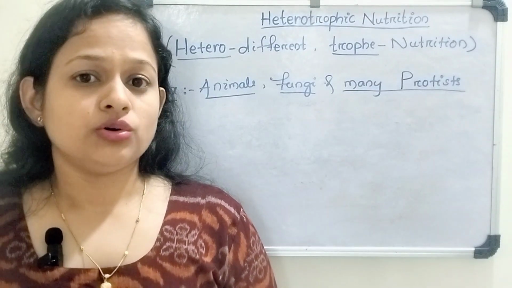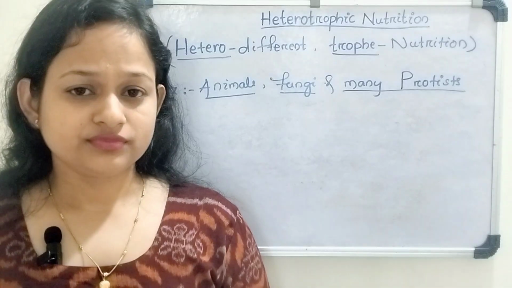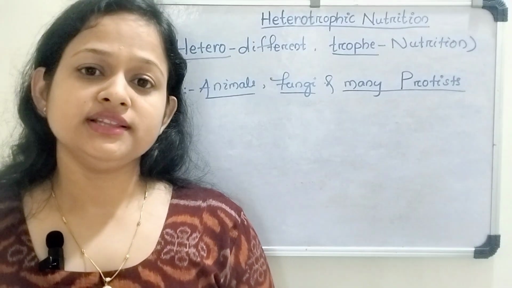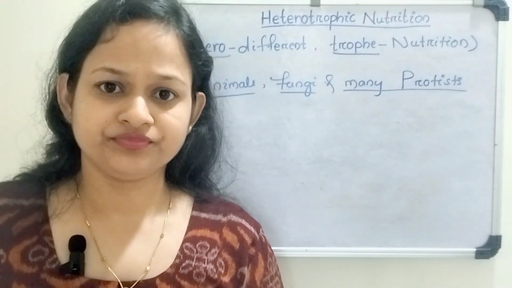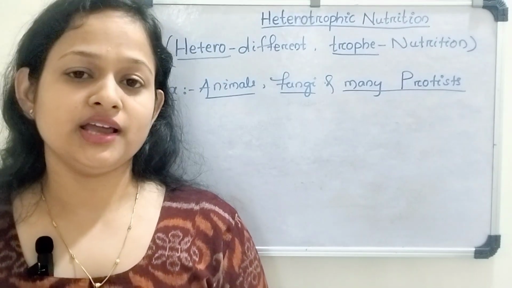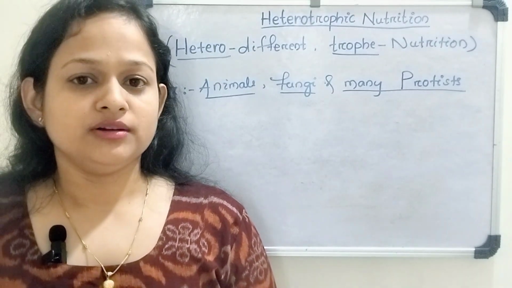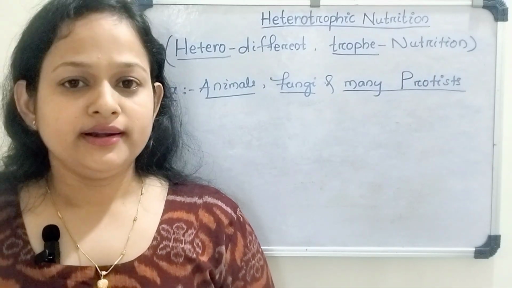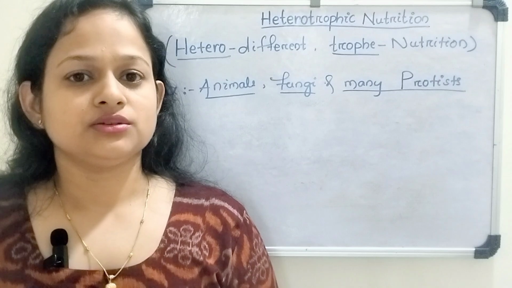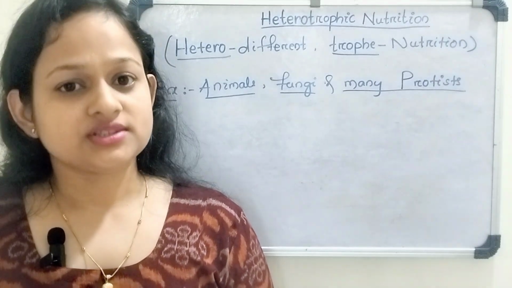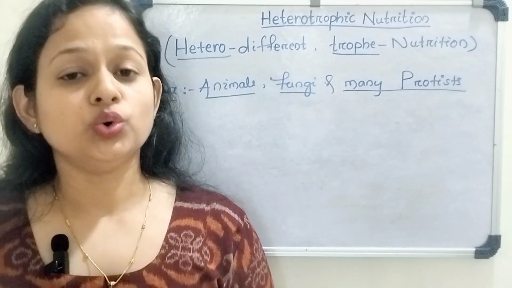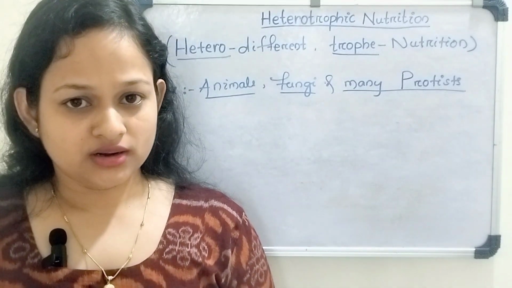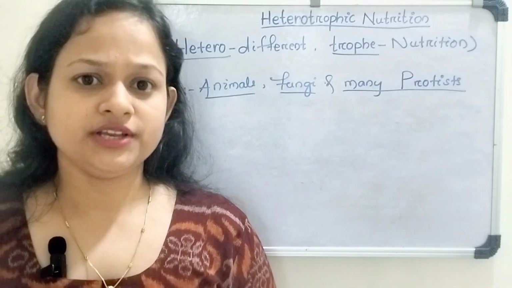Some organisms obtain their food by digesting it outside the body, and then they take it into their body. The examples are fungi, bread molds, mushroom, etc. And there are some organisms which ingest the whole food, and subsequently the food is digested and absorbed into the body.